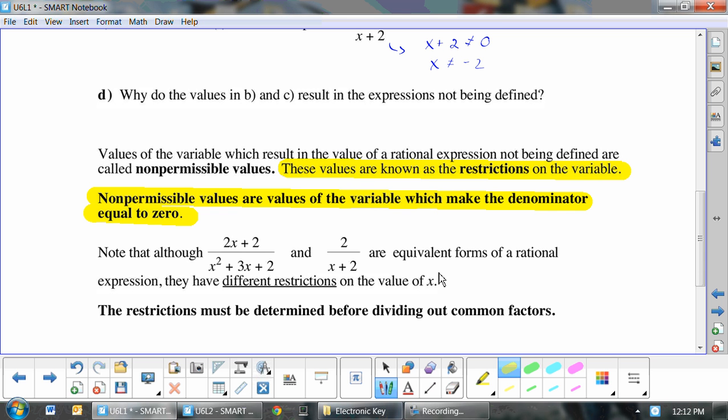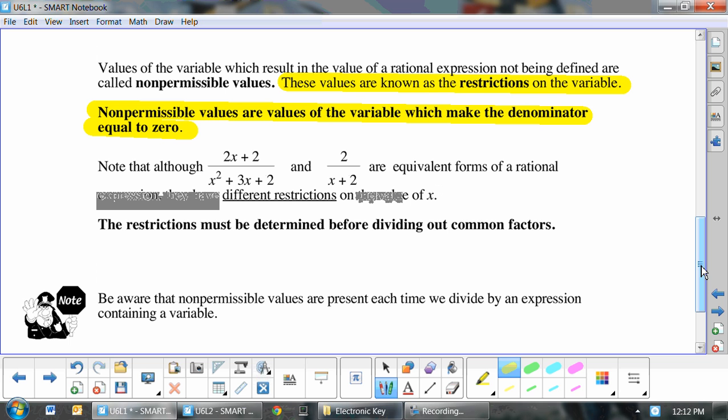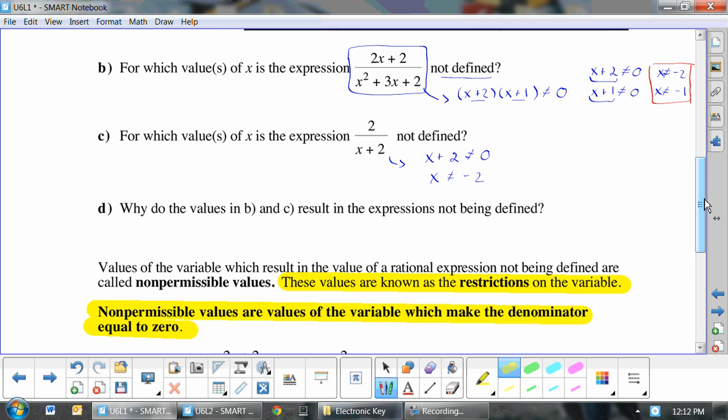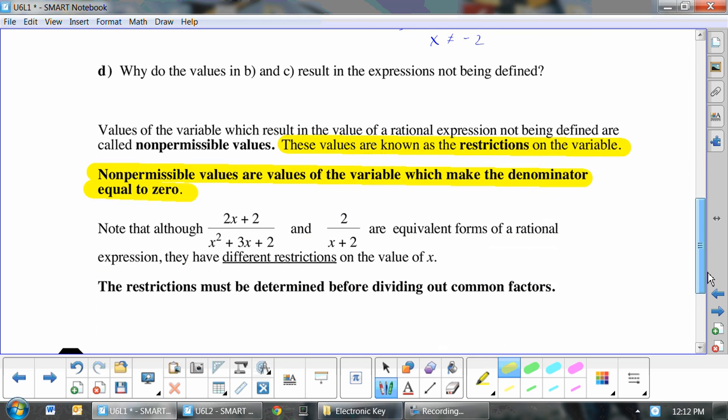It's just like when we were working with square roots and we had to figure out where the restrictions were because you can't have a negative. It's the same sort of thing. If they ask what the restrictions are, they're saying, where does the equation not work? That would be the non-permissibles.